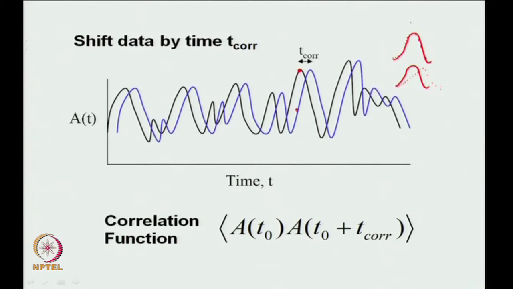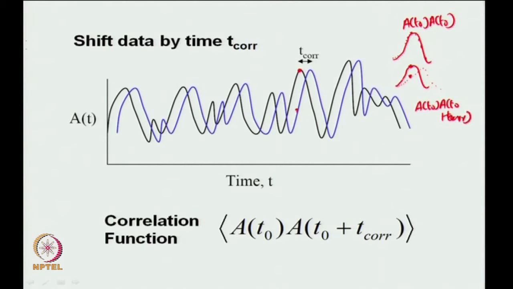So, initially what had happened? Initially it was A t naught times A t naught, right, which is both here. Now, what is happening? This is this, this is this. So, this is A t naught times A t naught plus t correlation.